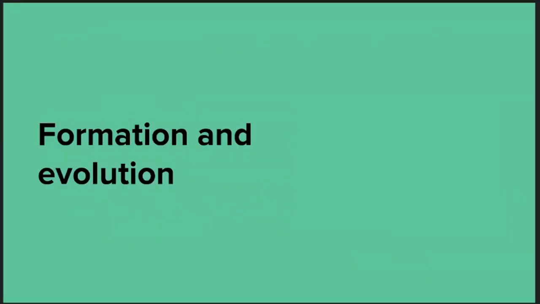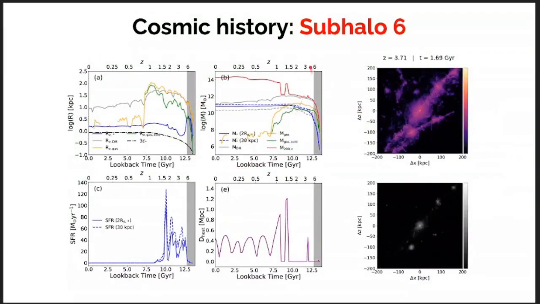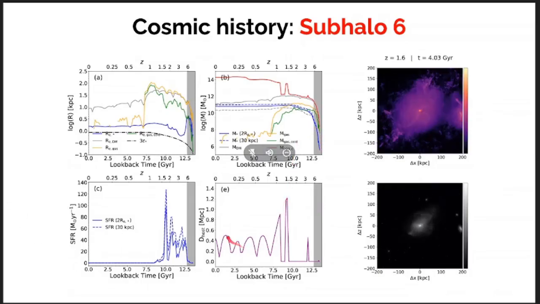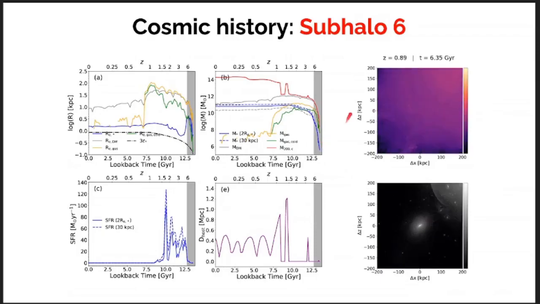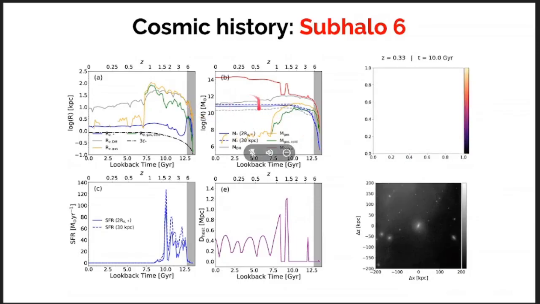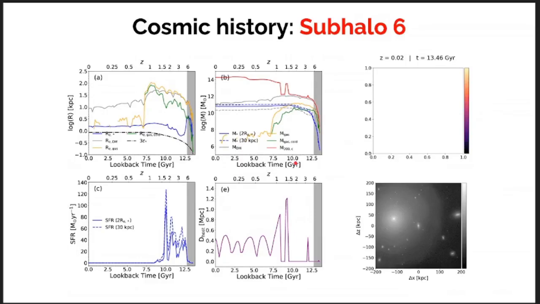And finally, the interesting part of the analysis is the formation and evolution of these objects. So we analyze the history of these objects in the simulation to see how they form, how they interact with their host halo, and so on. And for subhalo 6, the best analog, we can see here in this panel the mass in different components, gas, stars, and so on, and the look back time or redshift.